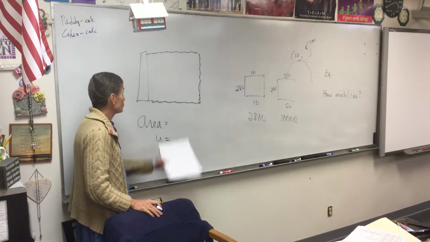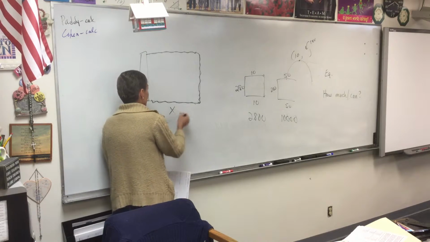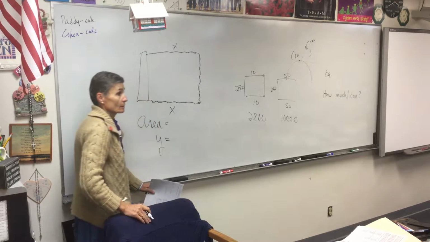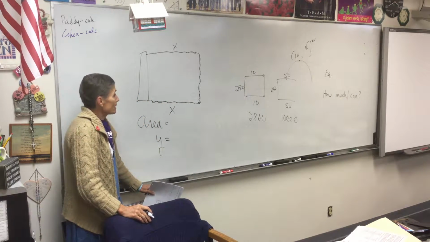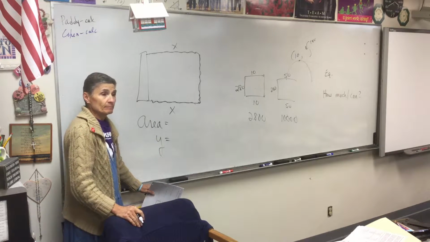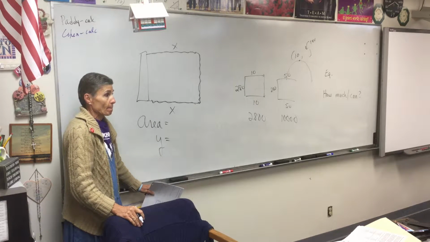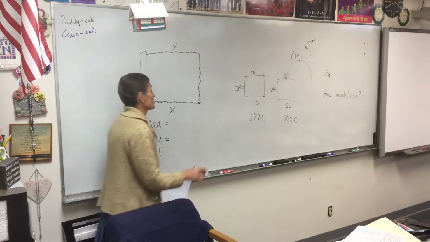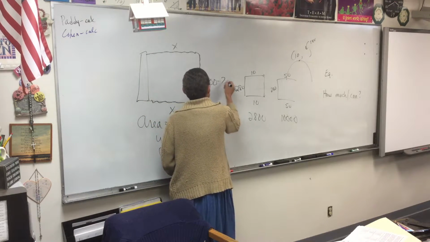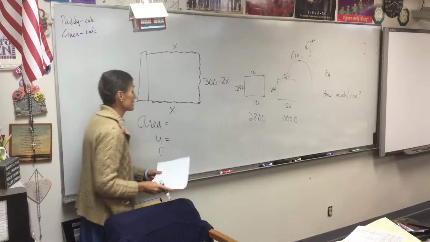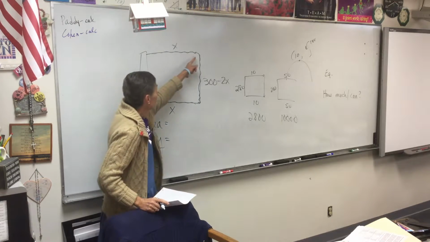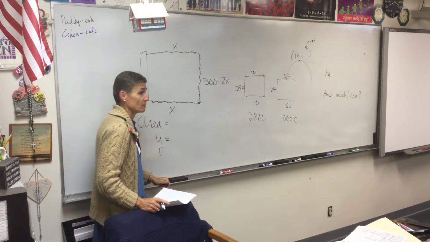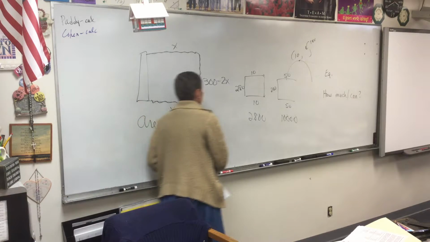Okay, x, now two of these sides are going to match, right? It's a rectangle. And then what would the other side be? 300 minus 2x. Because you're taking 300 and pulling off x up here and x up here, so that would be 300 minus 2x.